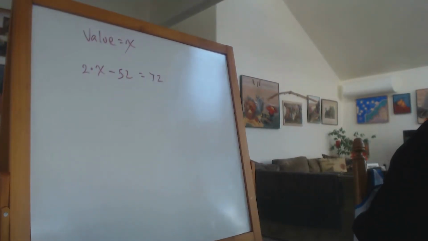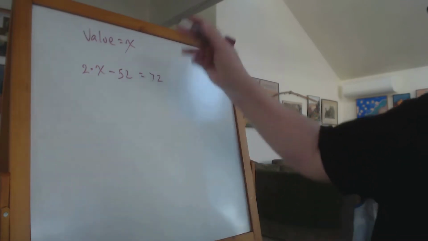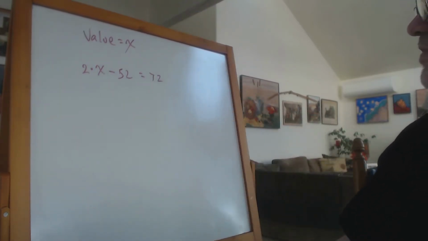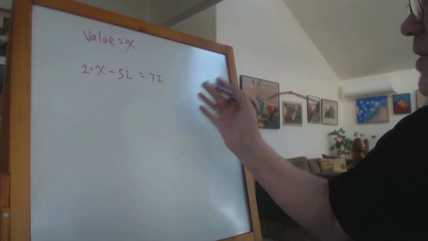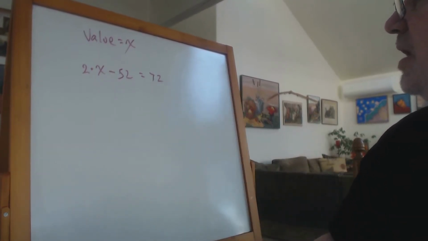That was our set of conditions, and we went through that table of guessing. Well, here we have an equation, and now we will apply the rules of algebra to this equation.